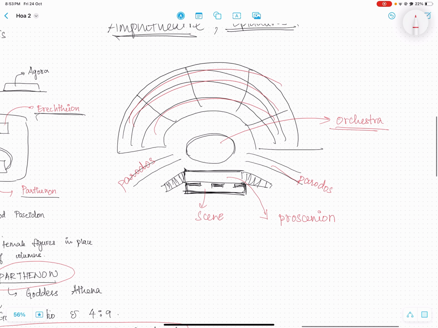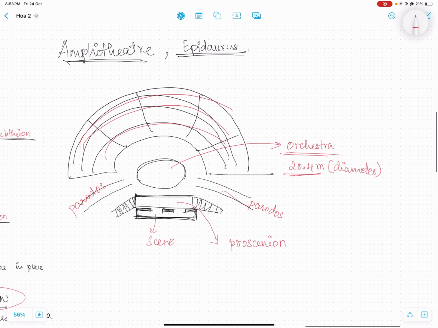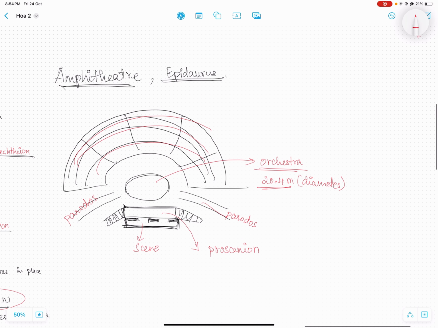Now this orchestra was said to be 20.4 meter in diameter. That's it. And anything else?